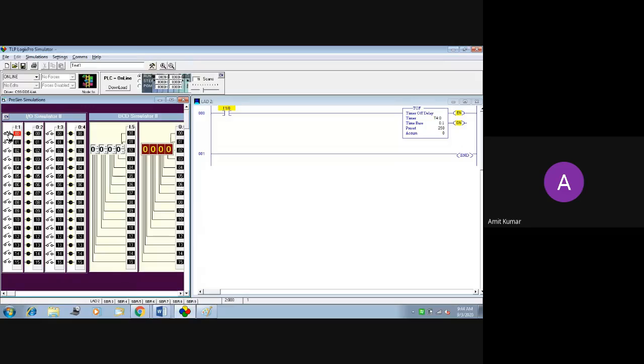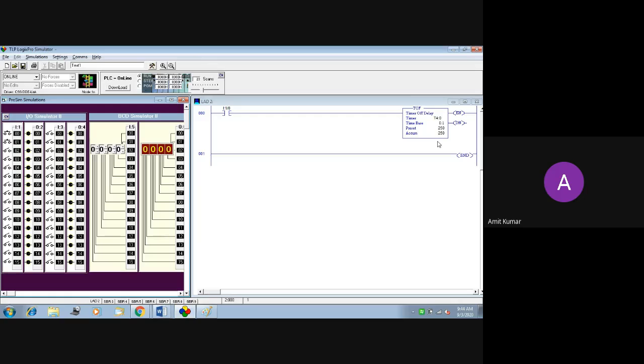So now you can see the enable and done bit are high. Now whenever you release this button, then your accumulator is going to start. Whenever your run condition is false, then the accumulator will go high and the done bit will go low when it completes the operation, when it reaches 250.